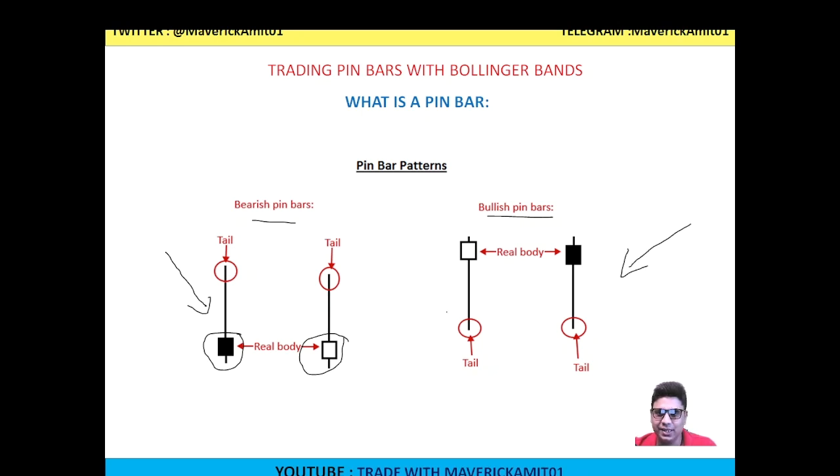Similarly, in this case, the long tail is formed on the lower side, as you can see in both these candlestick patterns. The real body is small, as I have mentioned, and the color of the body does not matter. So friends, this is a very simple candlestick pattern to identify. It is a single bar candlestick pattern, and we are going to first learn how to identify these patterns on a chart.